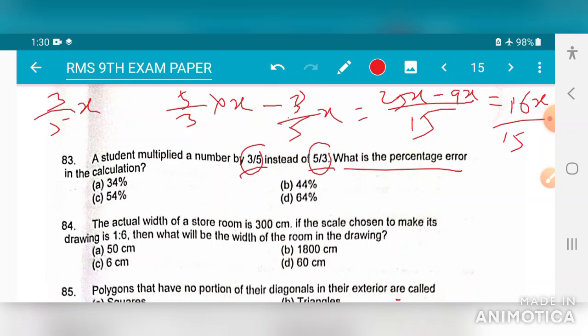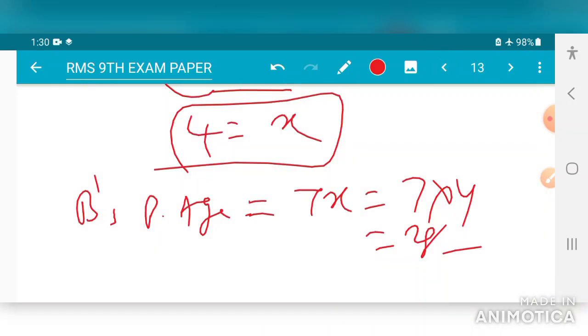Error in the calculation means the difference divided by the original value, which is 5x by 3, into 100. Let's go to the solution page for a minute.